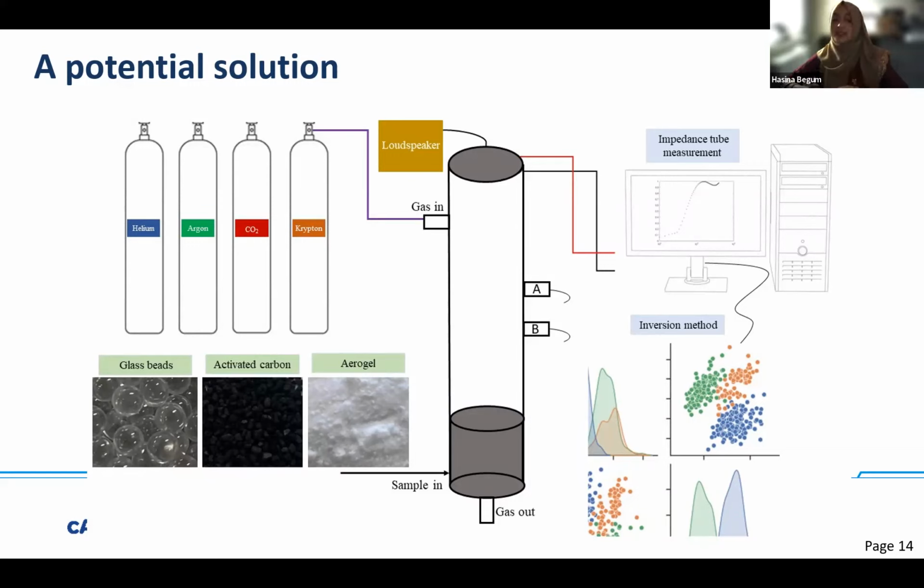From this, we can generate more data, use machine learning, and characterize the pores better. And then in the future, we could say that if we have a material with this type of pore structure or this size of pore structure, it will be good for certain applications like energy storage or biomedical applications and things like that. So that's the idea.